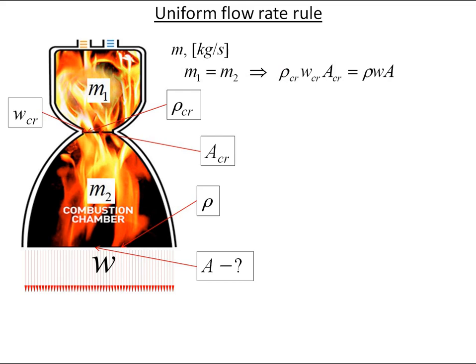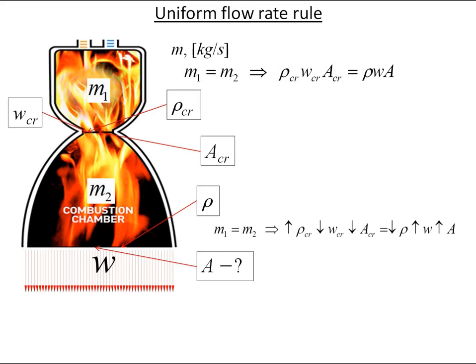Our goal is to calculate the area of a Laval nozzle in such a way that the rocket exhaust velocity is at the maximum value. The essence of the Laval nozzle is that in uniform flow the thermodynamical parameters of density and velocity at the entrance to the nozzle and at the exit are different.